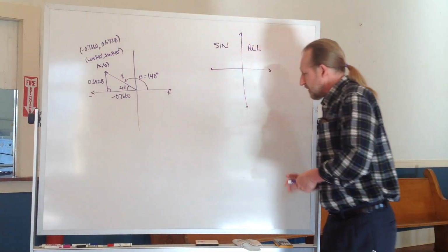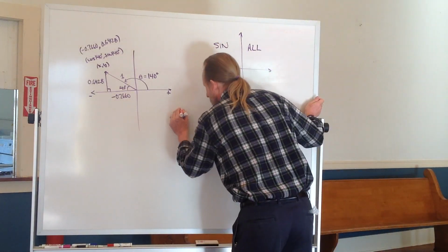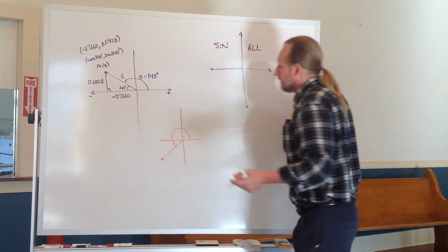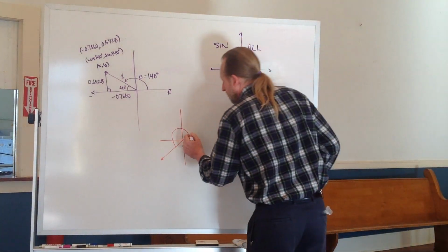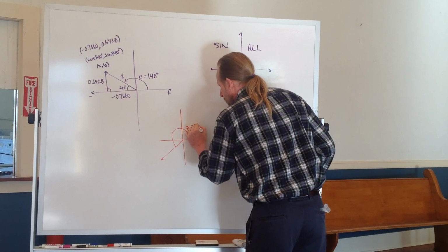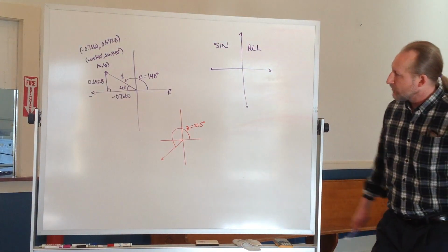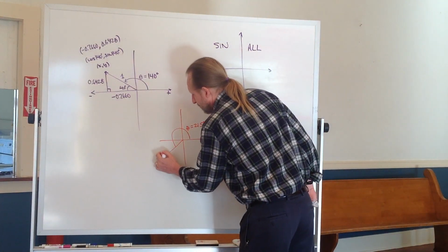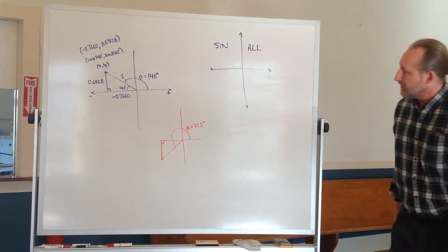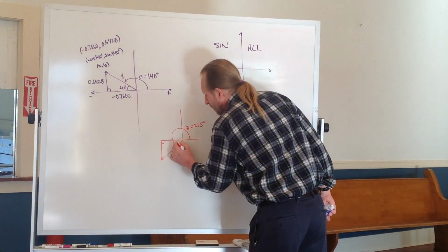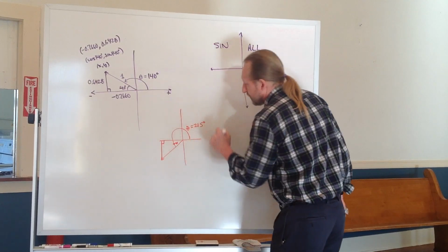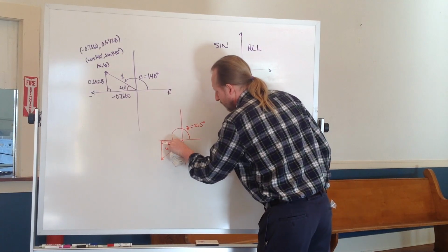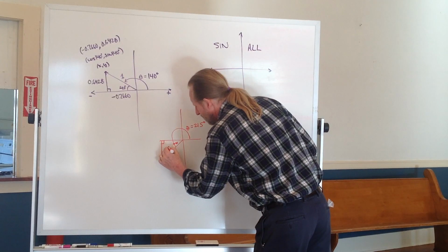Now, down in the third quadrant, let's see what happens down here. We rotate an angle all the way around, something like, let's say, 215 degrees. Okay, so it's more than 180, but it's less than 270. So, to work with this in a triangle, drop a perpendicular to the x-axis, and then we get our reference angle in here, which, if this is 215, this reference angle will be 45 degrees, because it's 45 degrees more than 180.